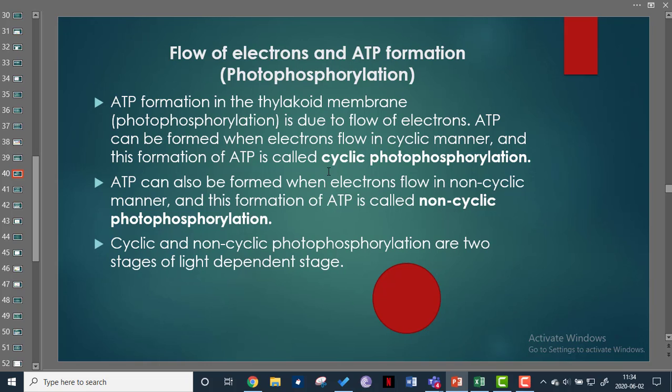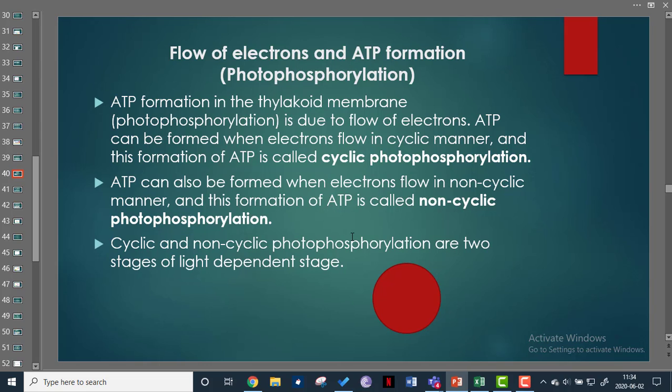But when we talk about the non-cyclic manner of flow of electrons, once the electrons have been released by the chlorophyll molecules, they will not come back. Instead, those electrons are replaced by those that are released by the splitting of water molecules.